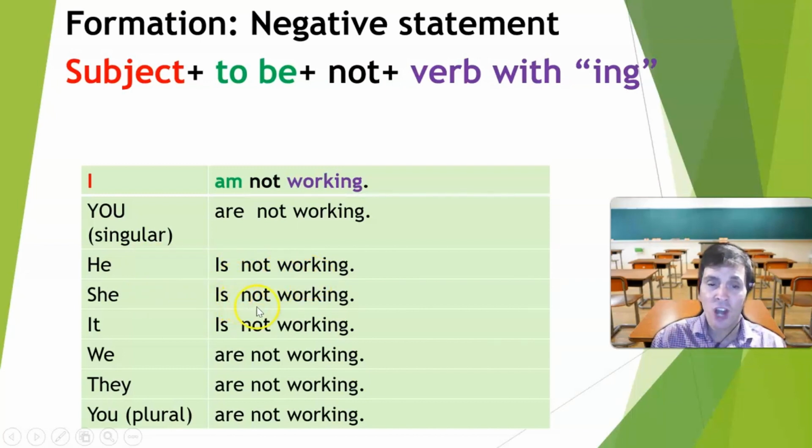She is not working. It is not working. We are not working. They are not working. And finally, you are not working. Okay, so this is how we will form the negative statements using the present continuous.